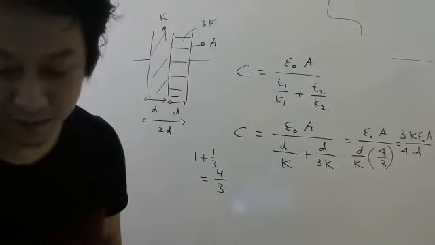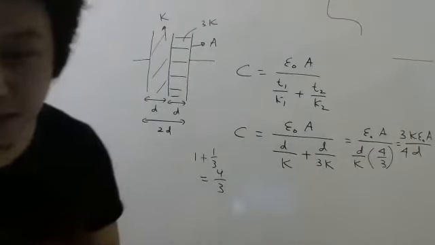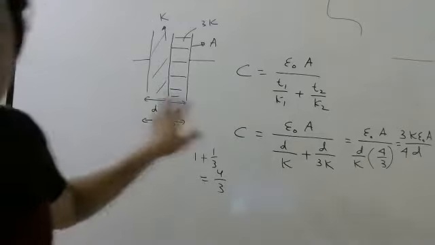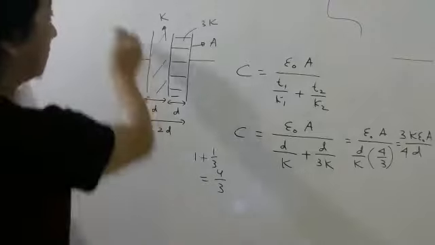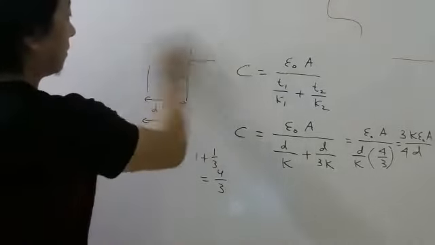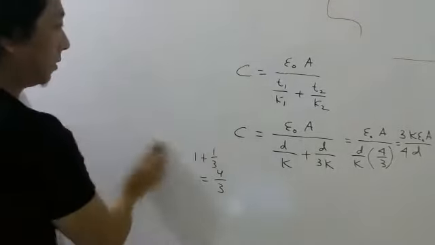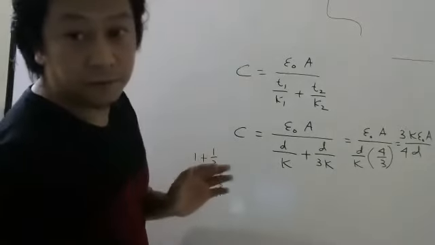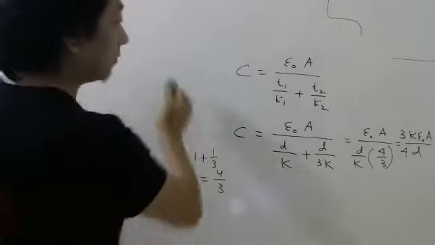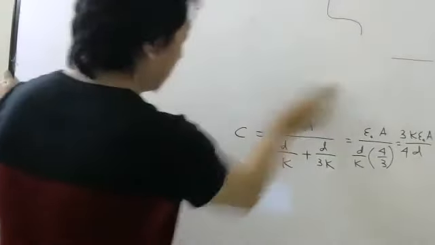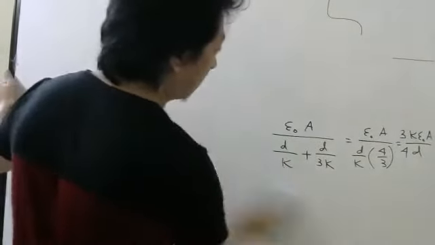So like this, you can easily solve, right? Everybody has done this problem. This is very simple, students. This you should be able to do. So if a problem like this comes, you should be able to solve it.